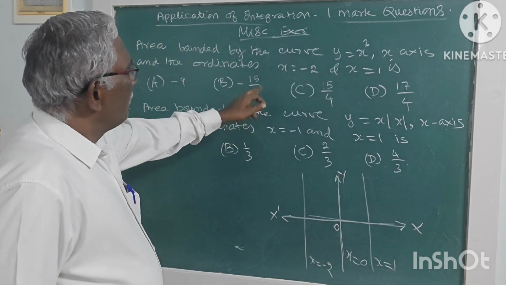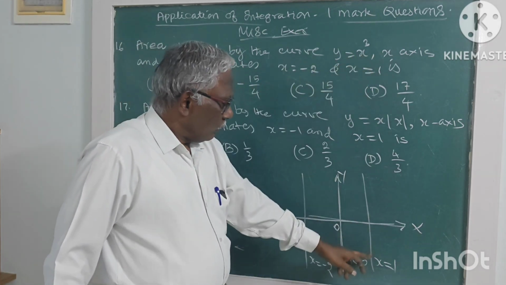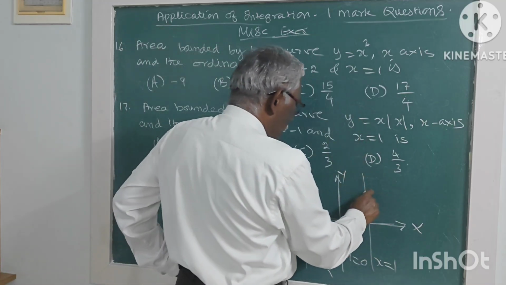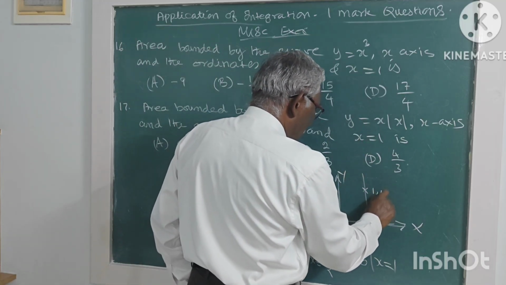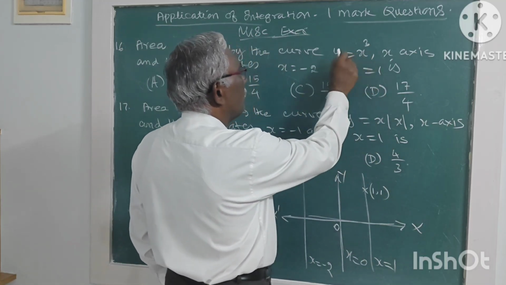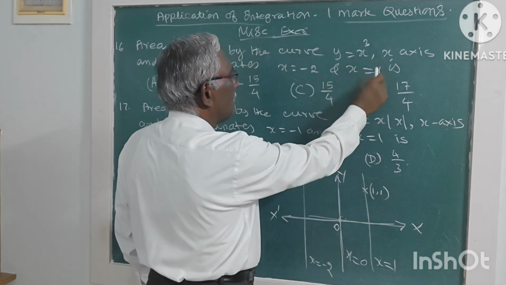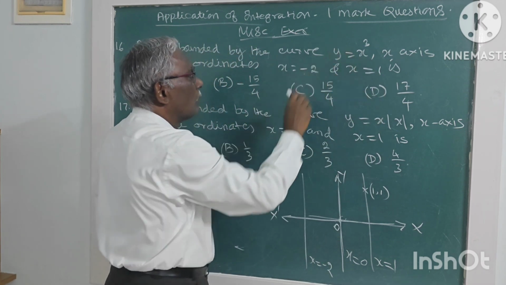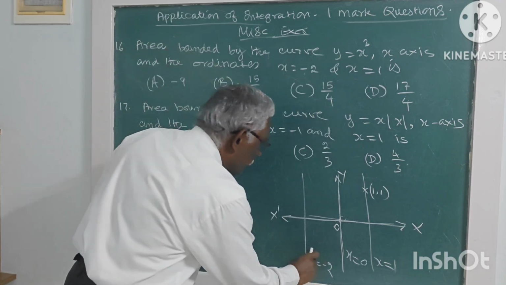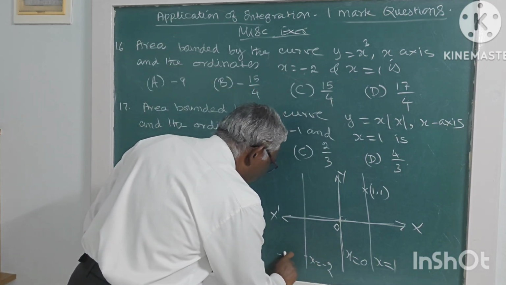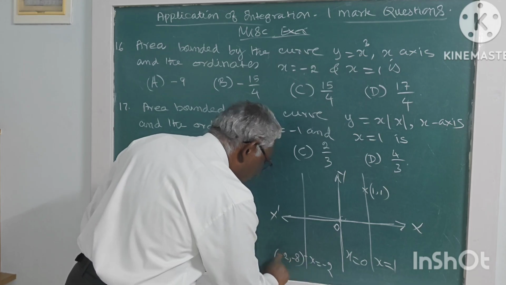Now in this equation you put x is 1, we will get y is also 1, so 1 comma 1. You put x is 0, y is also 0. You put x is minus 2, y is minus 8. So let us take this point as minus 2 comma minus 8.